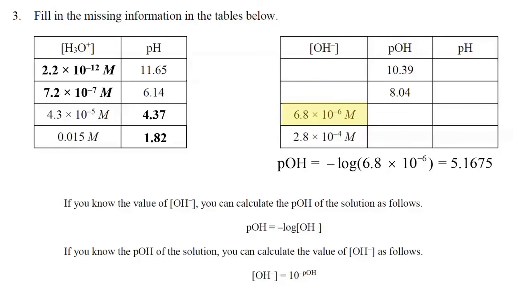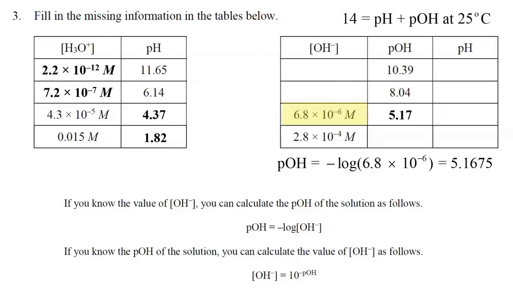Since 6.8 times 10 to the negative 6 has 2 significant digits, then that means that the pOH should also have 2 significant digits. We only focus on the digits to the right of the decimal, so the pOH will be 5.17.